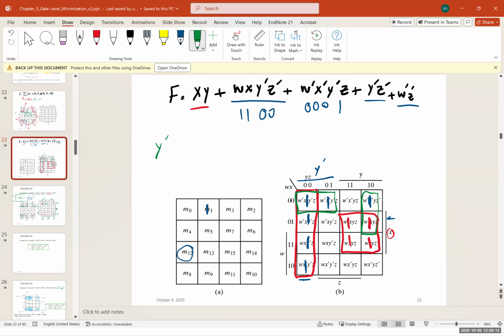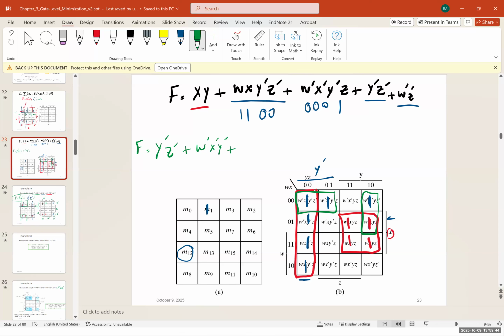But for this one, f is going to be y prime z prime plus x prime w prime plus x prime y prime plus, which are these two?